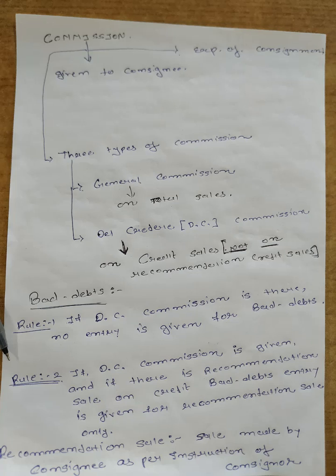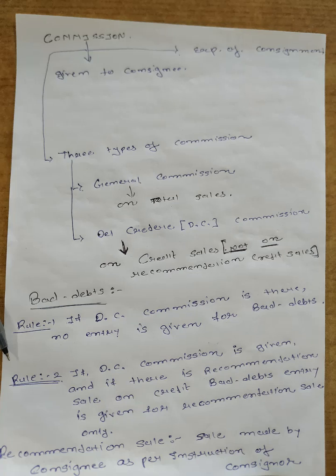Now the next point is bad debts. Clearly there are two rules. Rule number 1, if DC commission is there, no entry is given for bad debts. Rule number 2, if DC commission is given and if there is a recommendation sale on credit, bad debt entry is given for recommendation sale only.